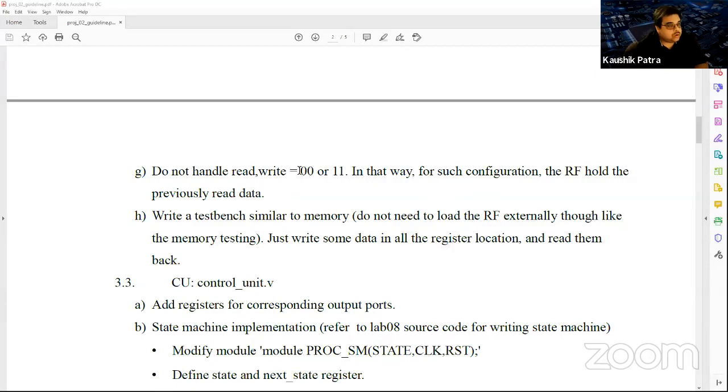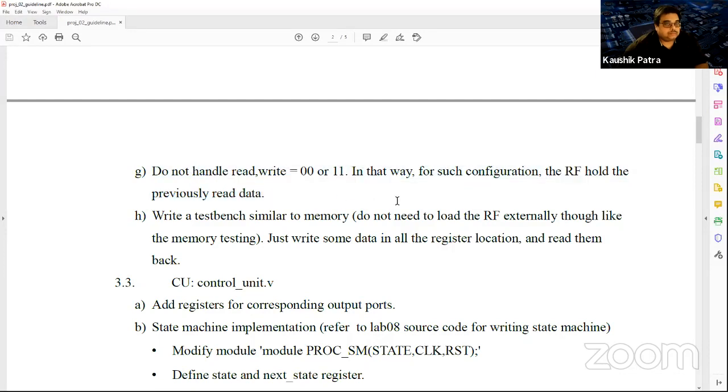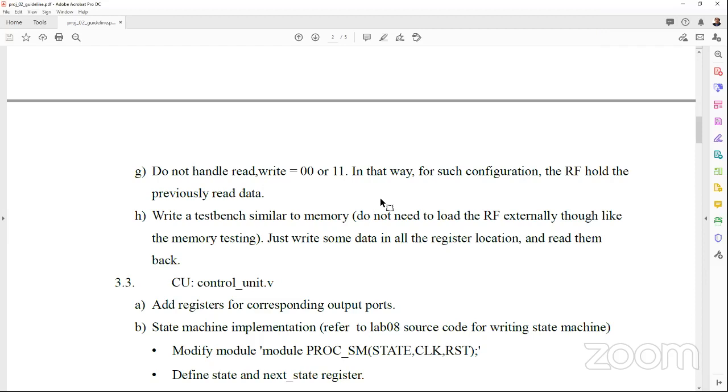So if you don't handle anything on the 00 and 11 on the read-write side, it will act as if it is holding the previously read data. So that was a spec. You need to hold the data. Okay. Makes sense so far? Yeah. Okay. What else?